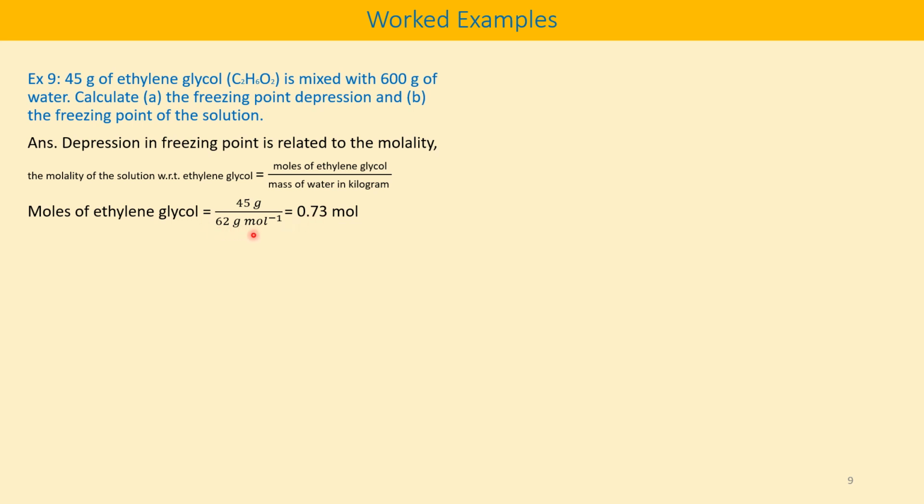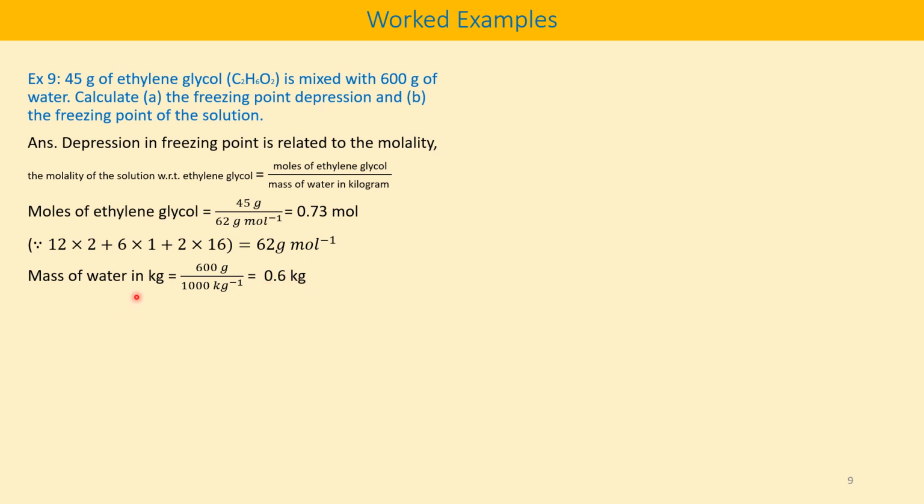This 62 grams per mole is calculated as follows. The formula is C2H6O2, that is 12 × 2 + 6 × 1 + 2 × 16, which is equal to 62 grams per mole.